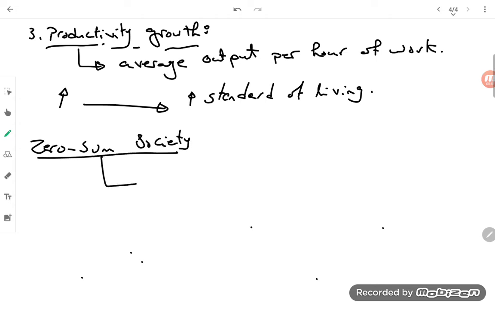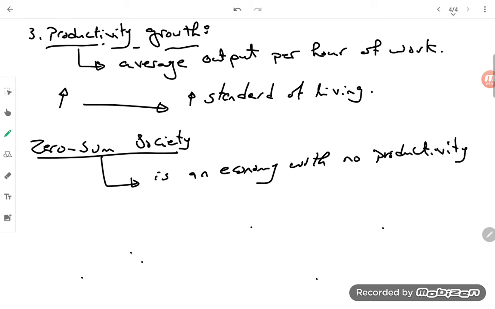A zero-sum society is an economy with no productivity growth, which means that the growth rate is zero.